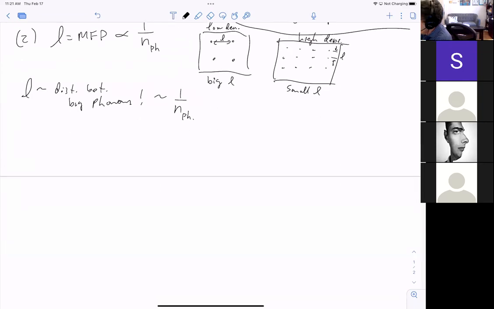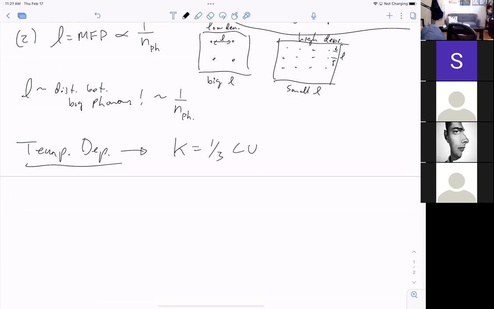So once you understand that, then understanding thermal conductivity is pretty easy, because for the temperature dependence of the thermal conductivity, we see that K is equal to 1/3 CVL. And so then the question is, which term dominates? And that's the one that determines the temperature dependence.